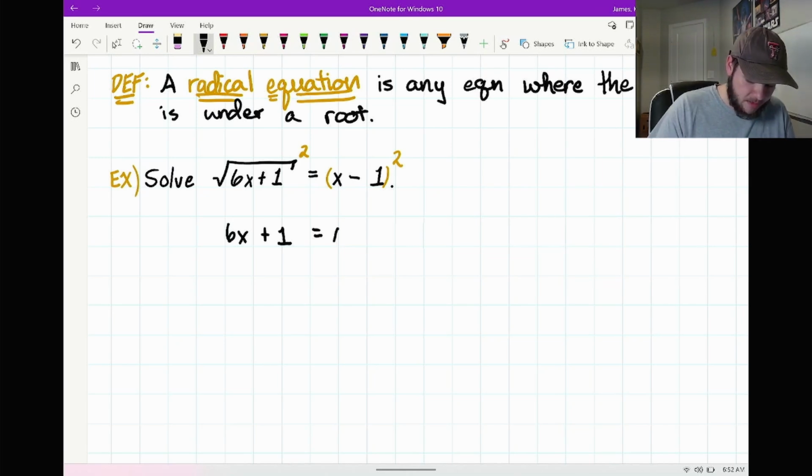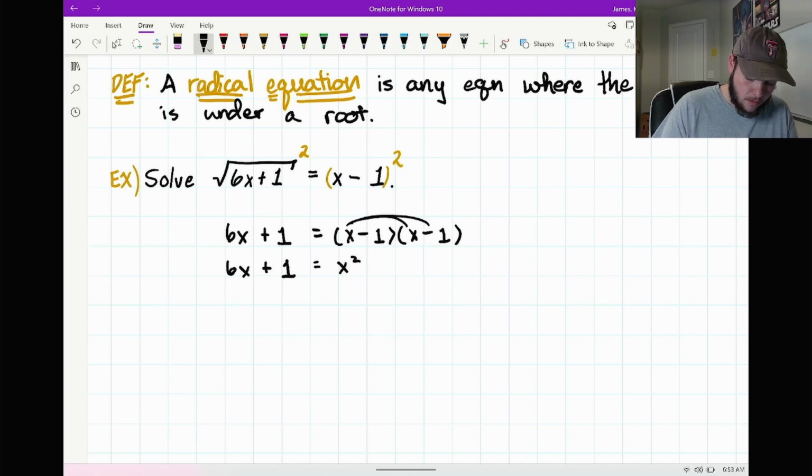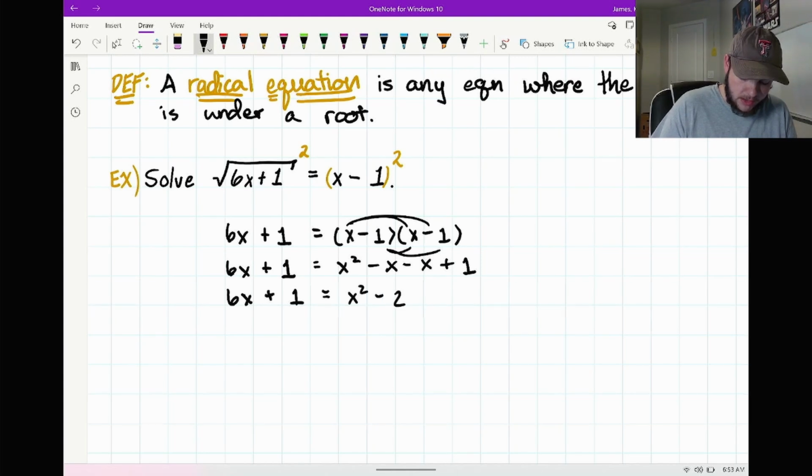This is x minus 1 times itself. So FOILing those terms out, I get x squared minus x minus x plus 1. Combining my like terms on the right-hand side, that gives me x squared minus 2x plus 1.